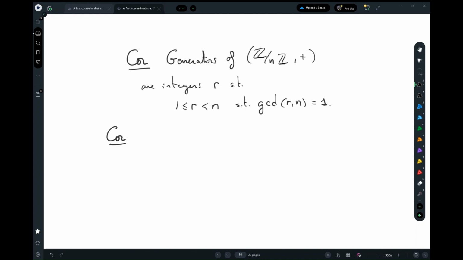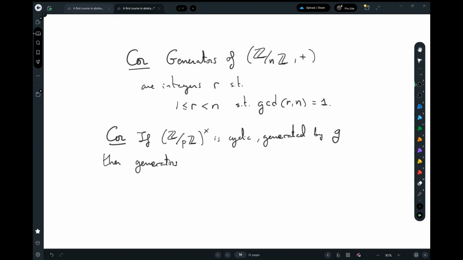And another one is that if Z modulo pZ cross is cyclic, generated by, say, some class g, then all the generators of Z modulo pZ cross will be of the form any power g to the k of that one generator, with the GCD of k and p minus 1 being 1.